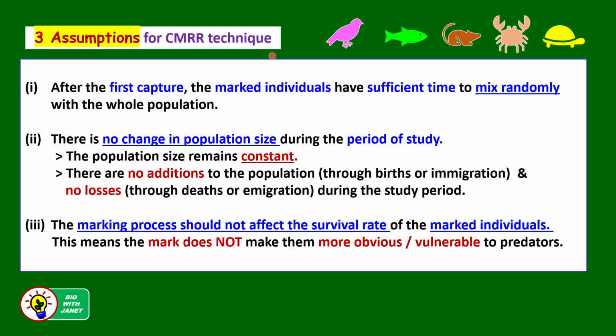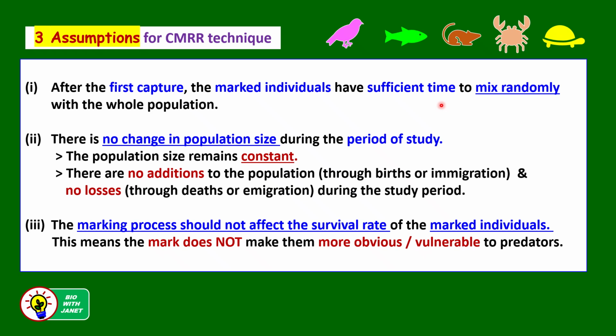Now here are three assumptions for the CMRR technique, which we make when we calculate the population size. Number one, after the first capture, the marked individuals have sufficient time to mix randomly with the whole population. For example, if you mark the snails and then release them into the habitat, you cannot just give them 1 day to mix randomly.